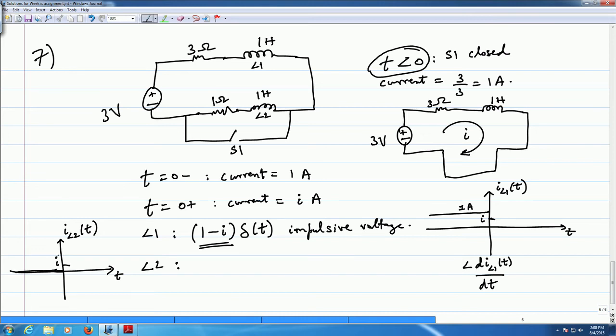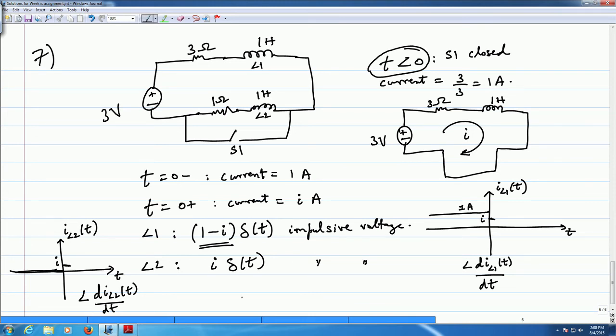Okay, so, something happens at 0 plus, but at 0 plus it has a current I flowing through it. So, for L2, the corresponding impulsive voltage is I times delta of t. Once again, I have to do L times d IL2 of t by dt, and that gives me the impulse I delta of t. This is the impulsive voltage across L2.